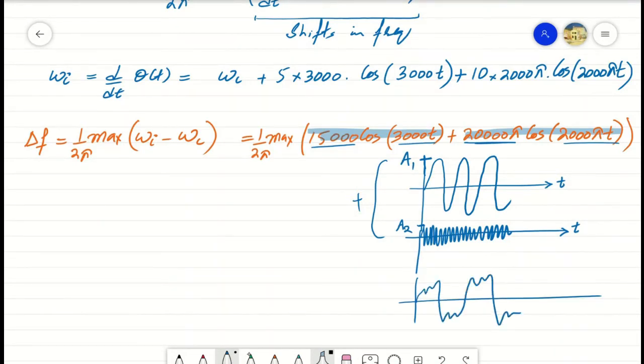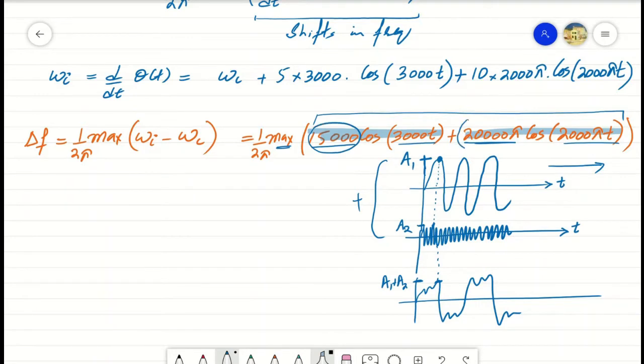If we obtain such a signal, along the time we may experience a certain time instant where the peak amplitudes of these two sinusoids get aligned and cause the peak amplitude of this resultant signal to be equal to the peak amplitude of the first sinusoid plus the peak amplitude of the second sinusoid. Therefore, the peak value of this composite signal will be equal to the addition of the peak amplitudes of these two independent sinusoids.